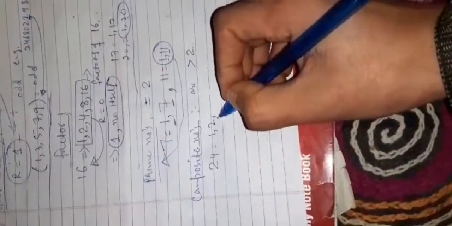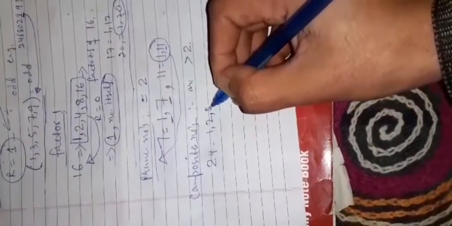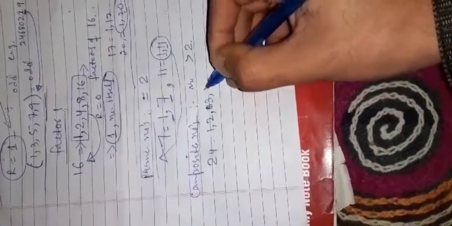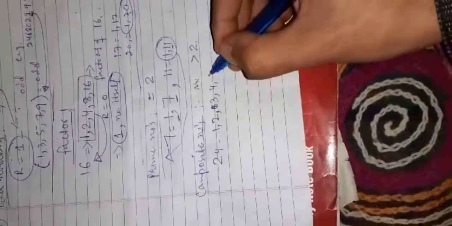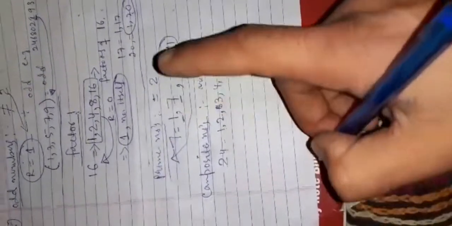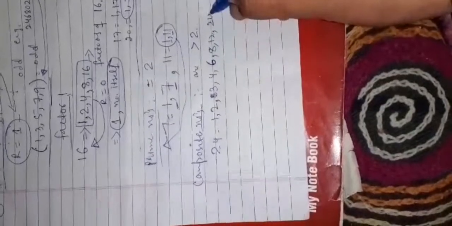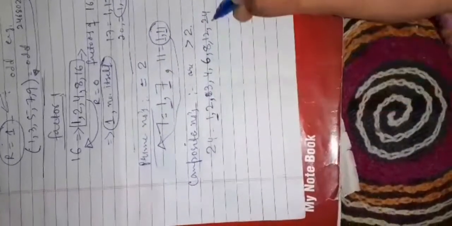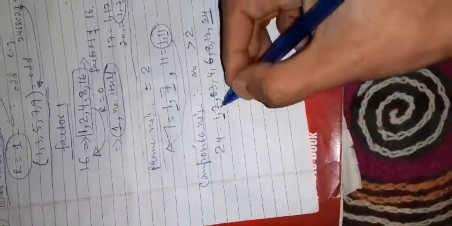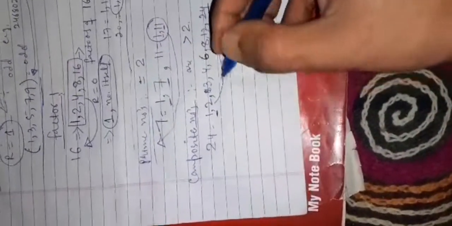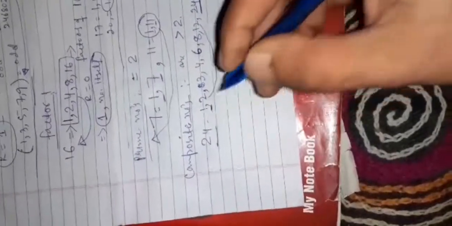We can divide 24 by 1. 2, 2 12s are 24. 3, 3 8s are 24. 4, 4 6s are 24. 5, no. 6, 6 4s are 24. 7, no. 8, 8 3s are 24. 9, 10, 11, no. 12, yes. And 1 and the number itself are always there, but there are more than 2 factors, so we can say the number 24 is a composite number.